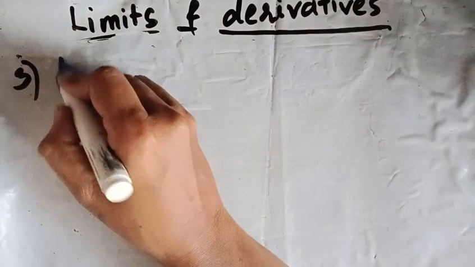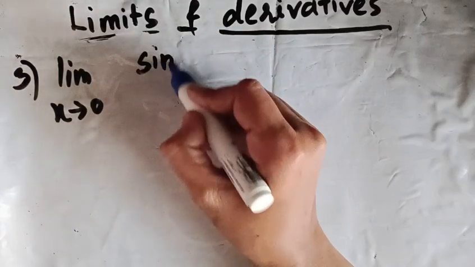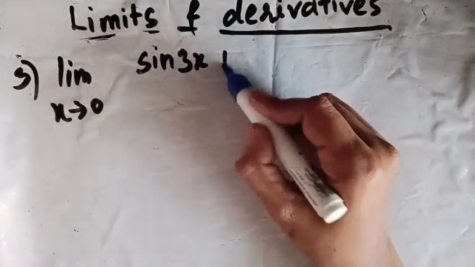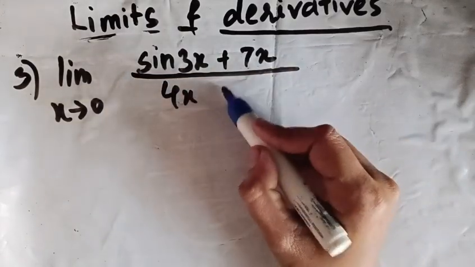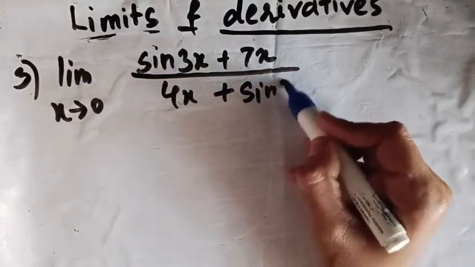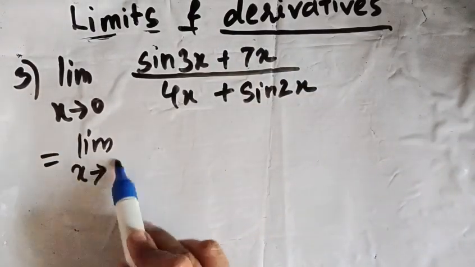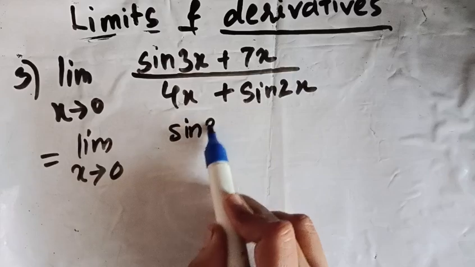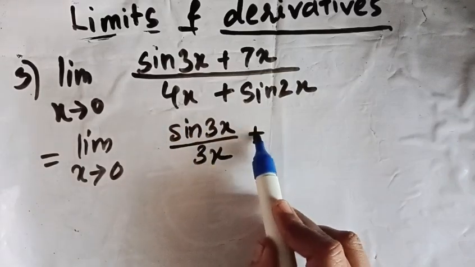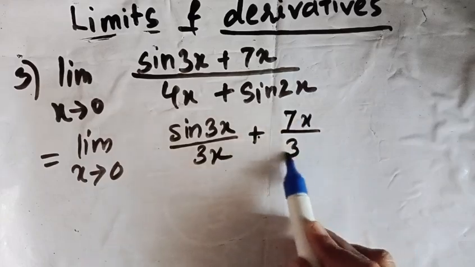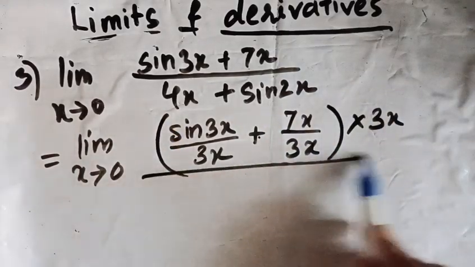Next question. Limit as x tends to 0, sine 3x plus 7x upon 4x plus sine 2x. So again we have to divide and multiply by 3x. This 3x comes here, and there is a plus sign, so 3x comes here also, and we are multiplying by 3x.